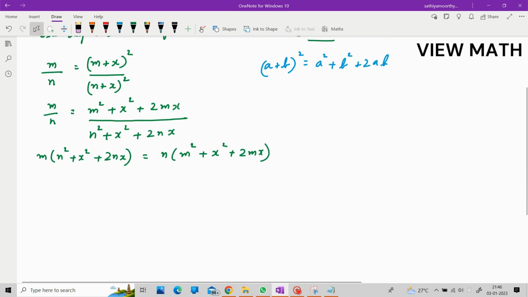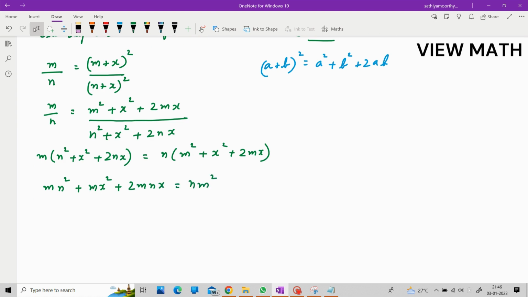I'll be getting mn square plus mx square plus 2mnx is equal to nm square plus nx square plus 2mnx. So I can see 2mnx is common on both sides, so I can cancel. So I'll be left over with mn square plus mx square is equal to nm square plus nx square.